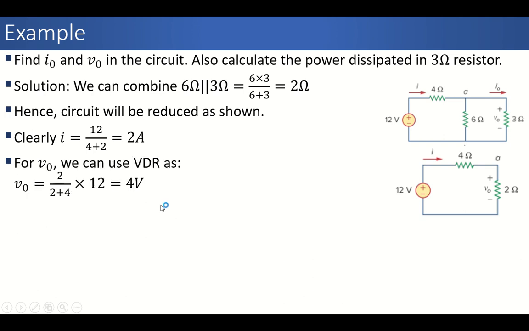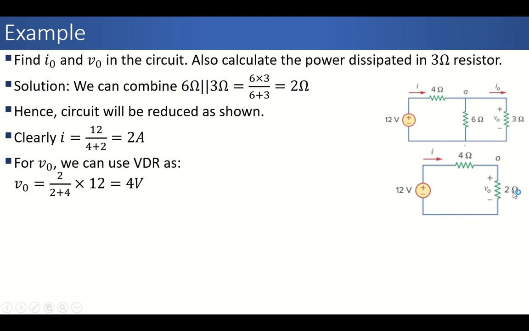Now we can also use a voltage divider rule here to find V naught. We know that voltage is divided in series resistances. So this 12 volt is actually divided between the 4 and 2 ohm resistances. So we can easily find V naught.